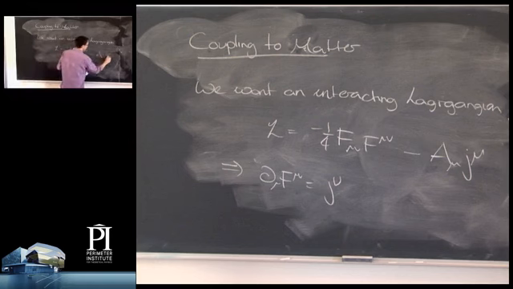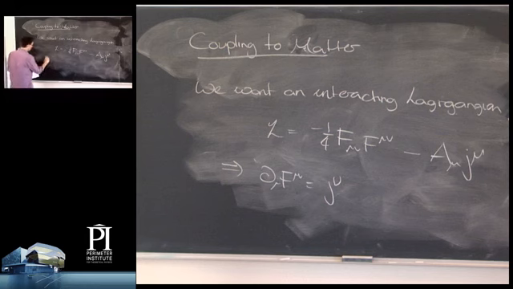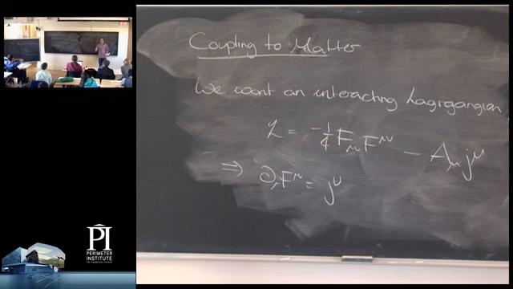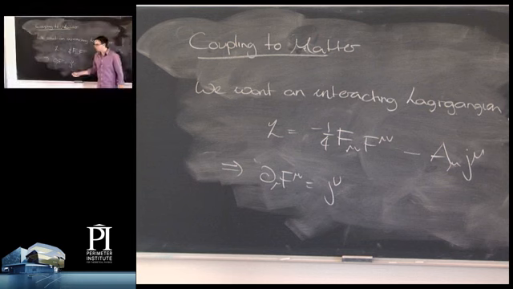If we put something like this here, where this J^mu depends on other fields, then the equations of motion are d_mu F^{mu nu} equals J^nu. But this is exactly Maxwell's equations in the presence of sources. This J^nu is usually called a current in that case. If you're not familiar with this, then this is an ansatz for the interactions, and this is what we get.